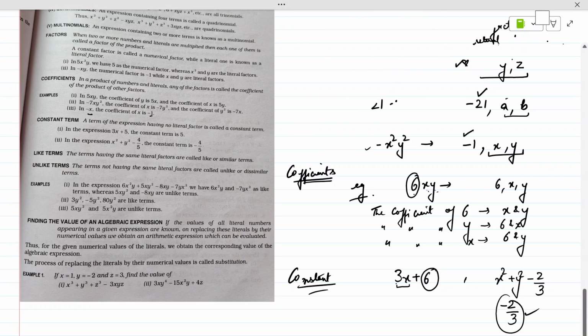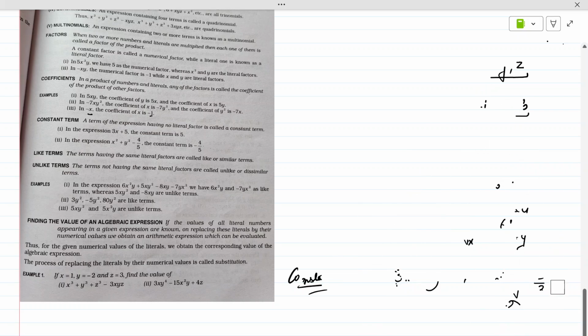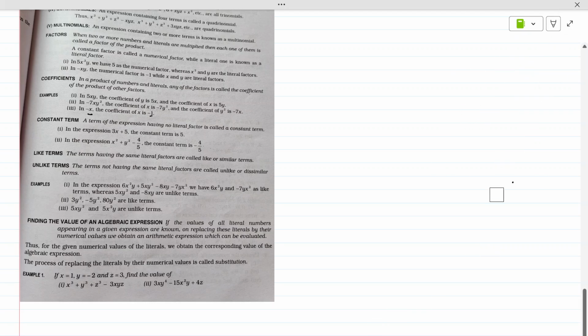Now let me just erase this, and then we are going to learn about another concept called like terms and unlike terms, which are very important to solve further problems.